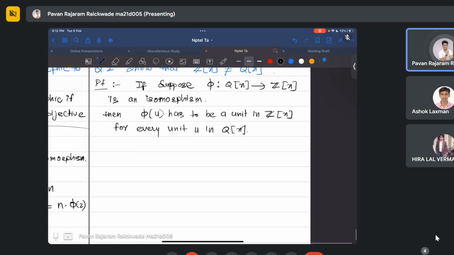Now what are the units in Q[x]? As you know, units in Q[x] are the same as units in Q.